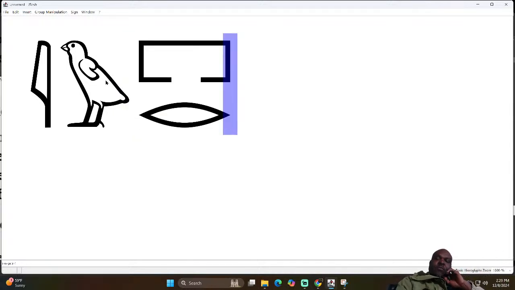Right? Now, this word is per, and it could mean a house if it was a noun. But as a verb, it would be peri. And it would mean to come forth, meaning the, and we'll talk about this, the noun has two consonants.